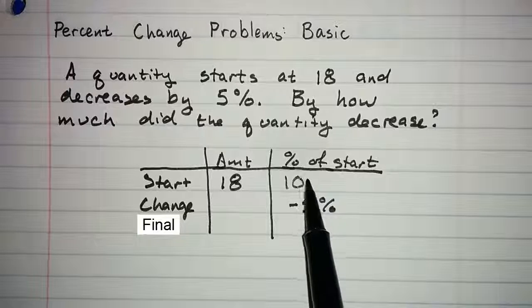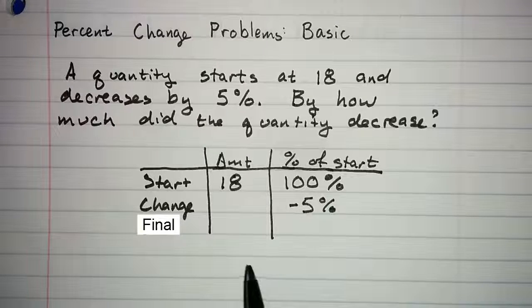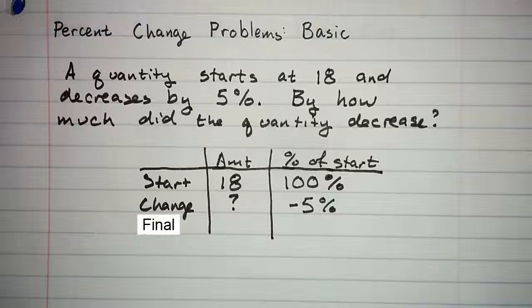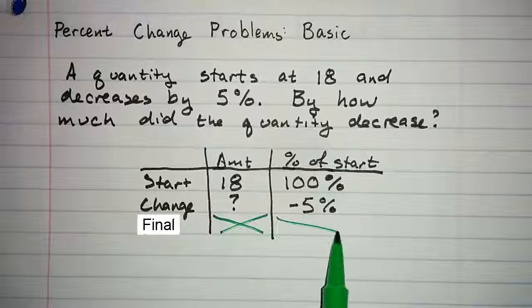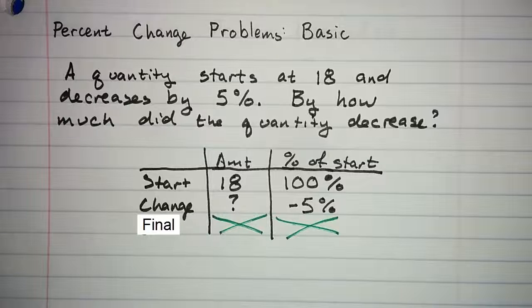We will, of course, always have 100% in this space. And we want to know, by how much did the quantity decrease? Notice, we aren't concerned with anything in this last row. And that's what makes it the simplest sort of problem.